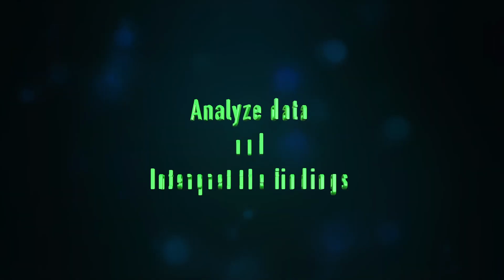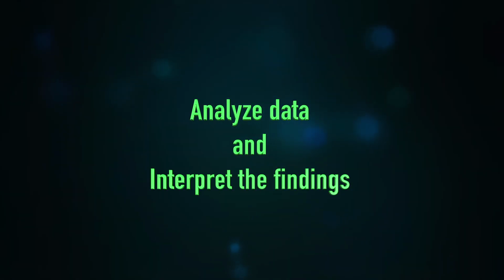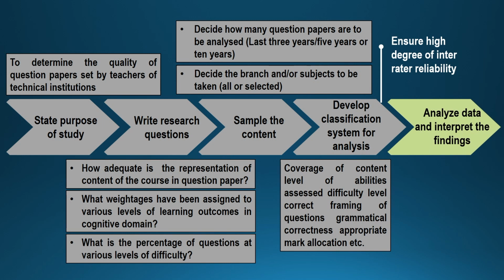And now you take up the question paper and carry out the analysis with respect to the classification system. The next step in content analysis research is to analyze the data and interpret the findings. Before that is done, if only one researcher is involved, maybe you don't need to ensure high inter-rater reliability.